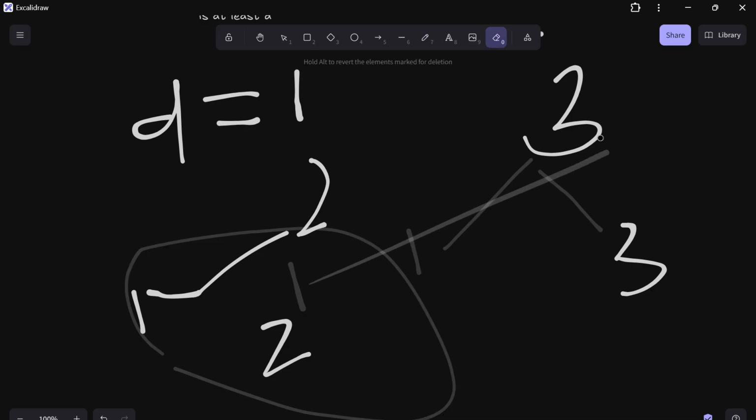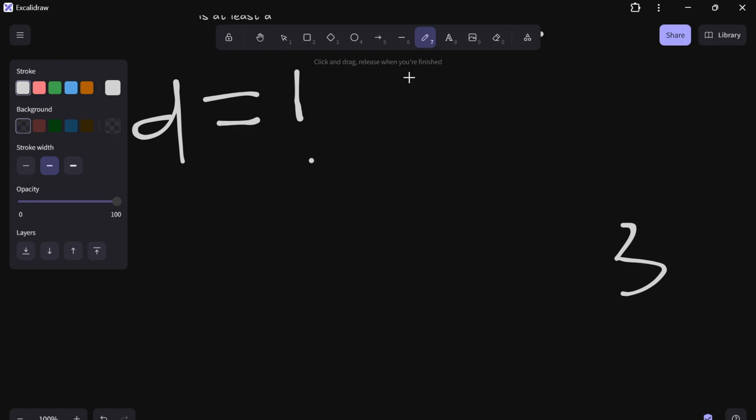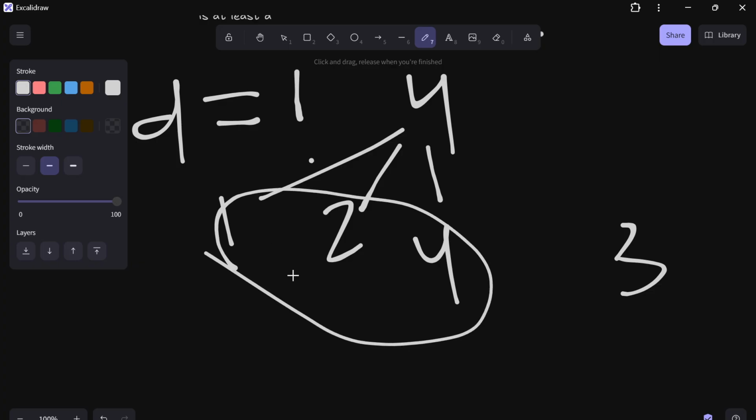Suppose we take 4. This has 1 and 2 and 4. Okay, three numbers divide 4, so it has 3 divisors.